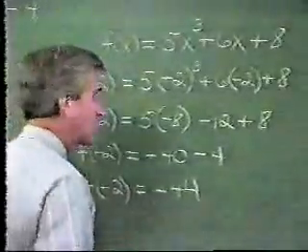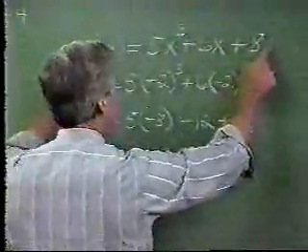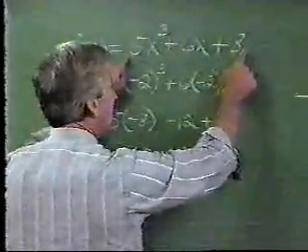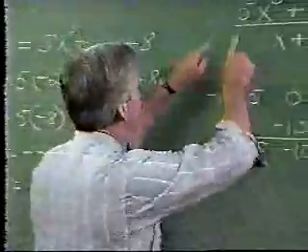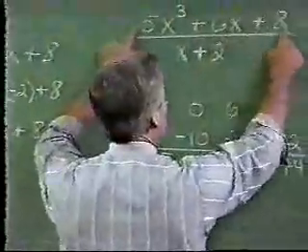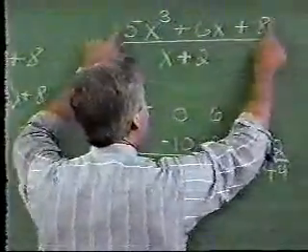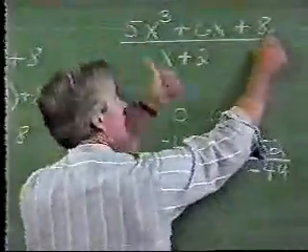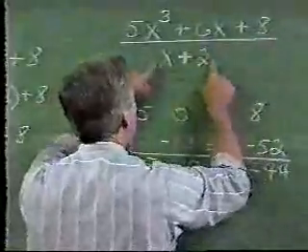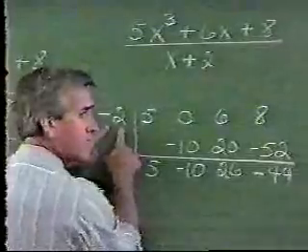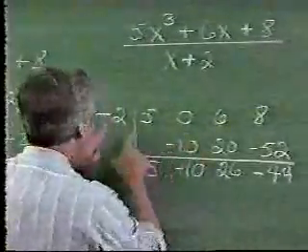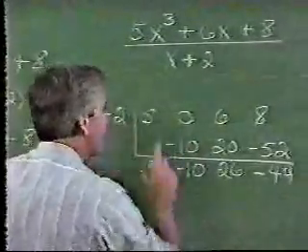Now let's notice what this polynomial function is in regard to what we just did. Look over here. 5x cubed plus 6x plus 8. We divided that polynomial, which is the function we were just talking about, by x plus 2. We did so by dividing by negative 2, synthetically.